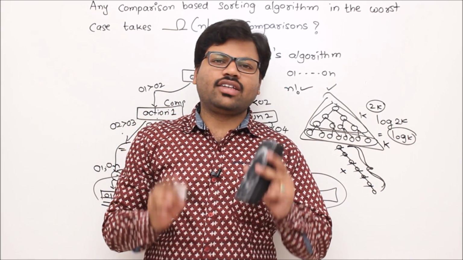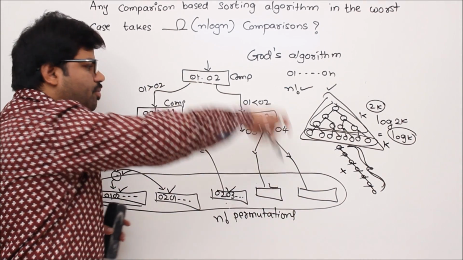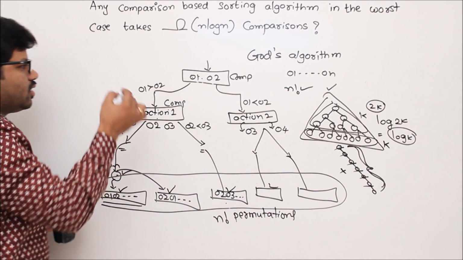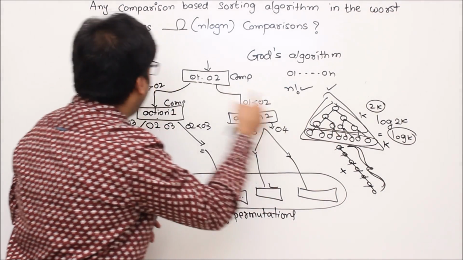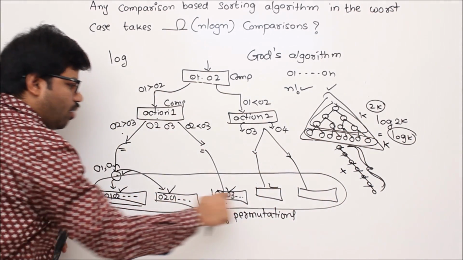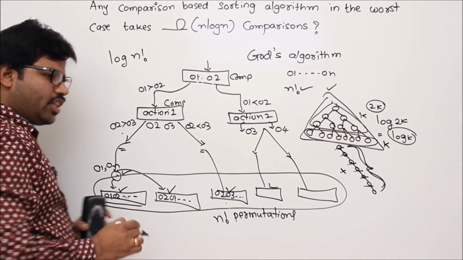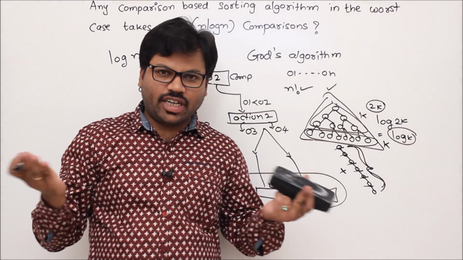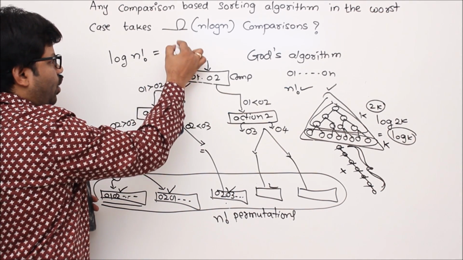Now what is the height of this tree? The height is log of k, where k is the number of leaves. The number of leaves in this tree is n factorial, where each leaf is one of the possible permutations of n objects. So log n factorial is nothing but n log n.